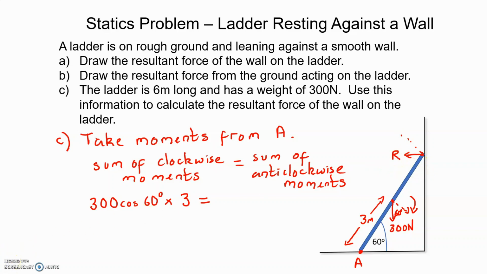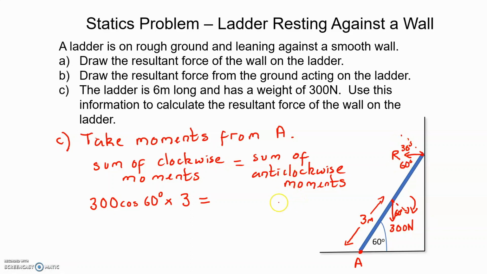So we need to calculate the moment due to the reaction force at the top of the ladder, which is equal to the force times the perpendicular distance from the pivot, point A. Now we need to work out the component of the force perpendicular to the ladder. This is a Z angle here, so this angle is 60 degrees, and this angle here will then be 30 degrees.